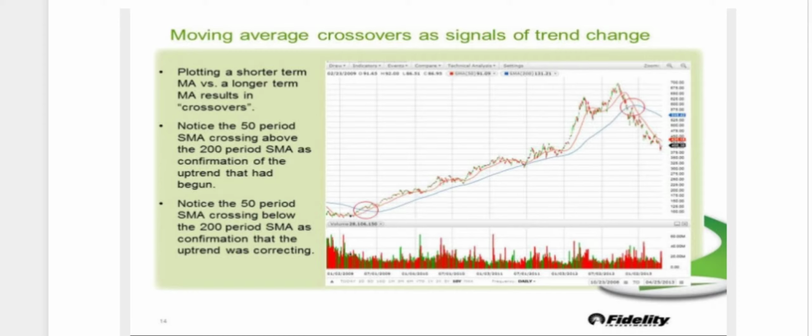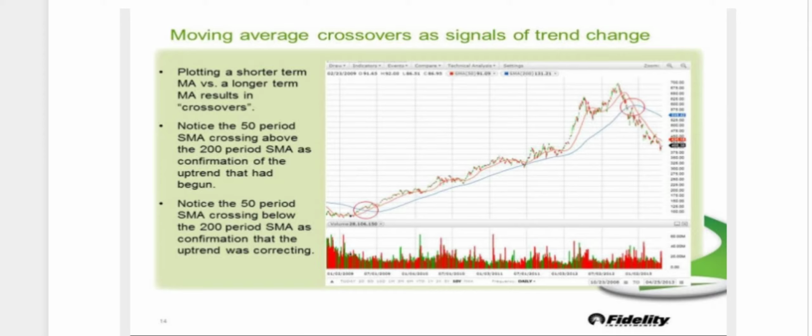On that red circle, you notice price starts moving up. What's the confirmation that we could potentially get? Well, the 50 period is going to react quicker to the increase in price than the 200, and you'll notice that in this chart. If price continues to go up, eventually the 50 period crosses over and above the 200.